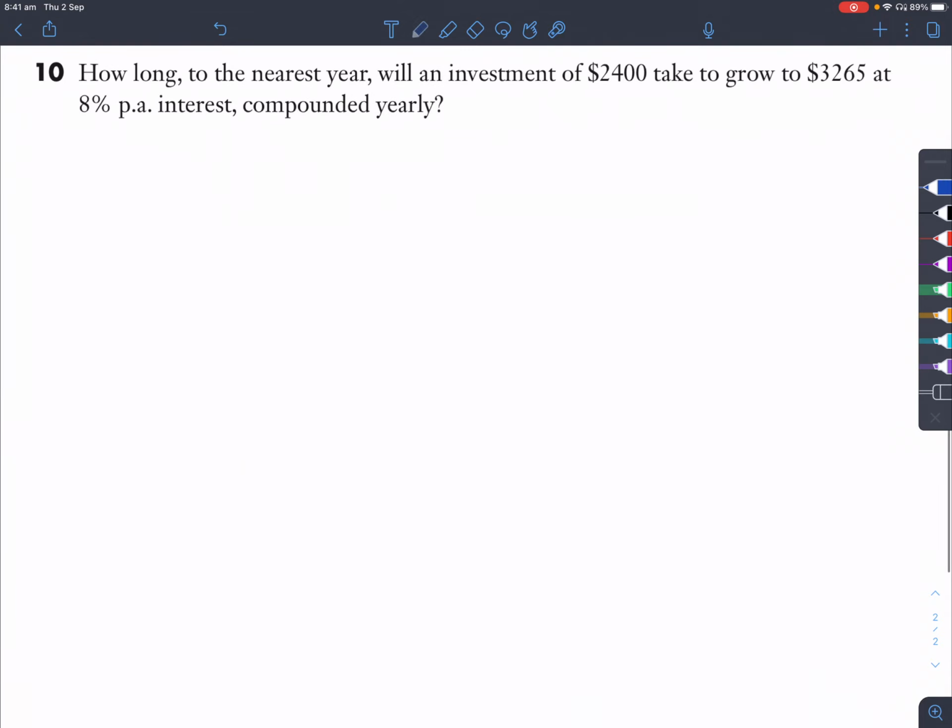Question 10. How long, to the nearest year, meaning we have to find n, will an investment of $2,400, which is our principal, take to grow to $3,265 at 8% per annum interest compounded yearly? Great. So let's start with our formula, A equals P times (1 plus r) to the power of n.